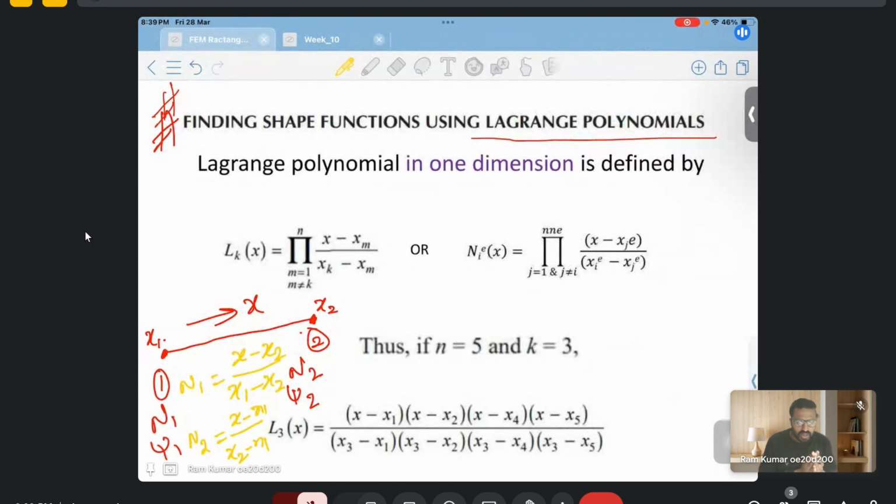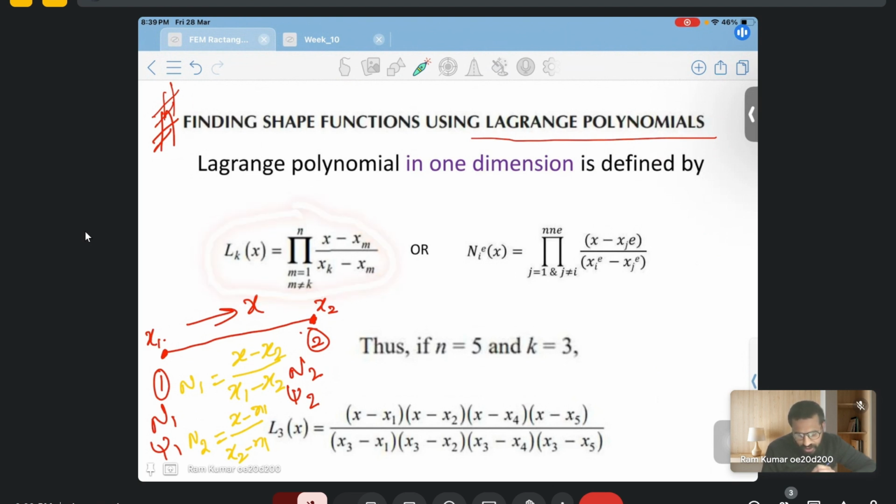So in this class, we are going to learn how to find the shape function by using this Lagrange polynomial technique or method, and then we will solve some problems like those given in the assignment. So you will get some more idea how to solve this type of problem. This is a general formula for a one-dimensional 1D element.